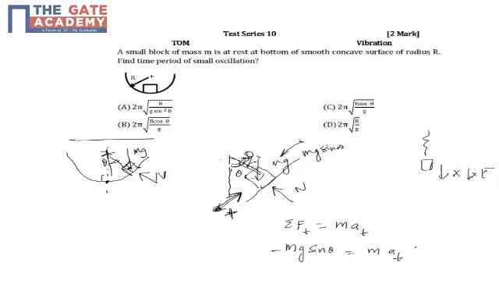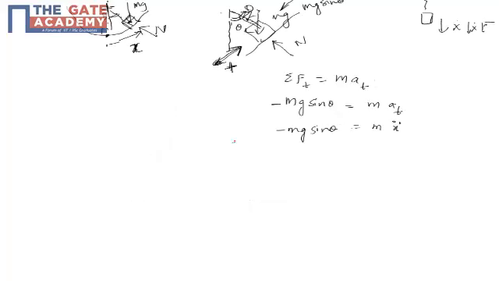If the distance along the curve is x, then the acceleration is x double dot, and we have x double dot times m equals minus mg sin theta. Now for small theta, assume the perturbation is very small, so sin theta is theta.